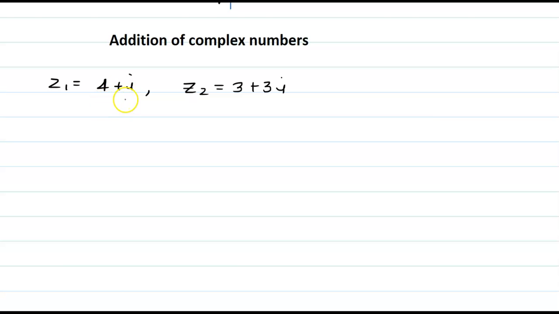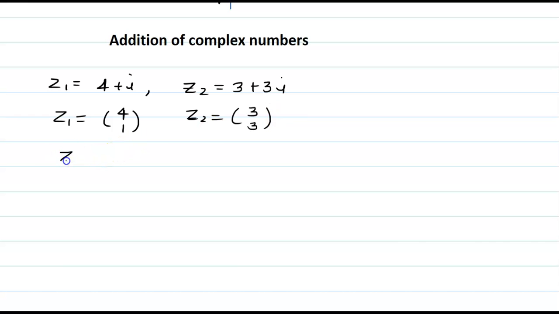Here complex numbers always follow vector addition. So z1 you can write like this: 4 is real and 1 is imaginary. And z2 is 3 real part and 3 imaginary.